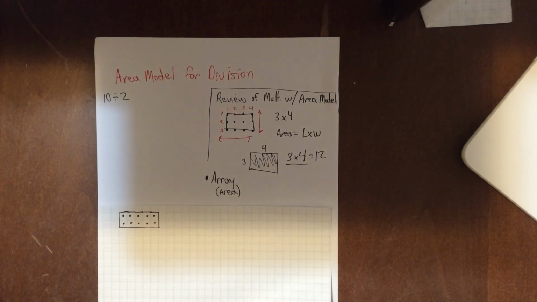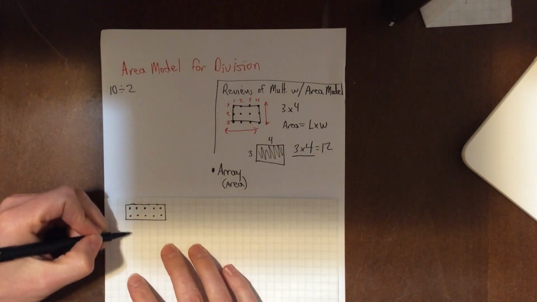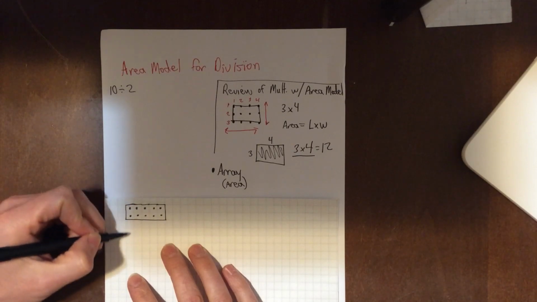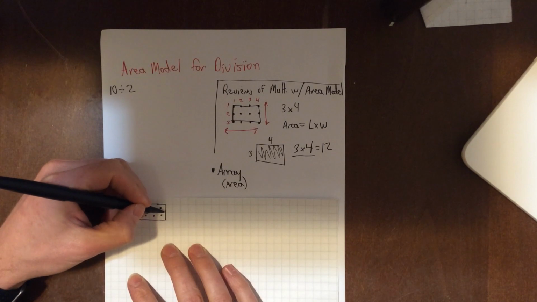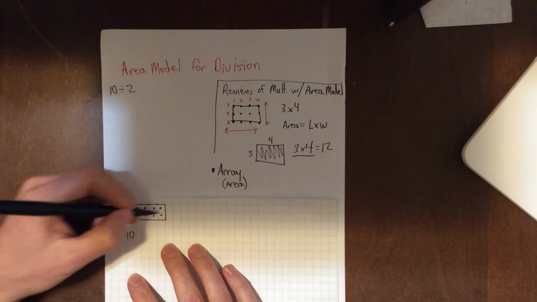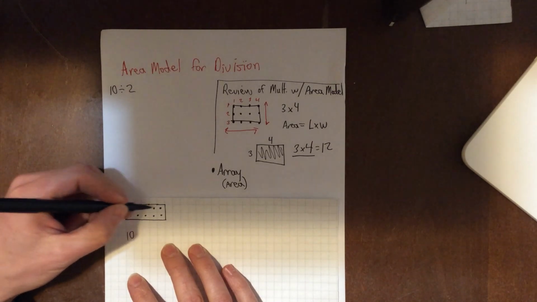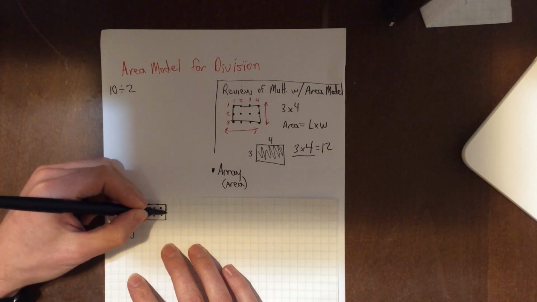Alright, so the question is, how does this represent 10 divided by 2? Well, you can see that we have 10 here. Okay, and if we break that into 2 equal groups, well, we can see I have a group here and a group here.